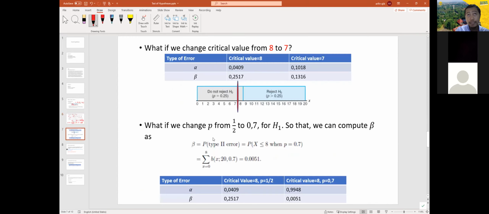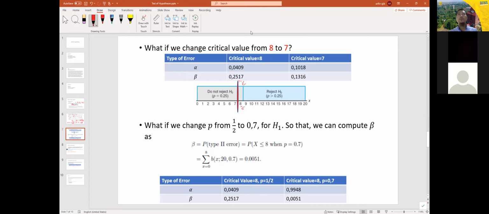Okay, so that's why in the next slide, what happened if we change the critical value from 8 to 7? In this case, from 8, here the threshold is here, and then change to 7, so the threshold is shifted to the left, something like that.